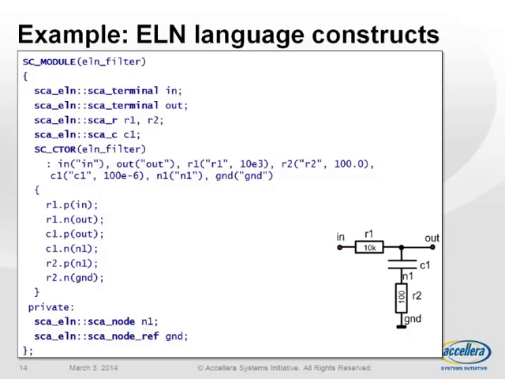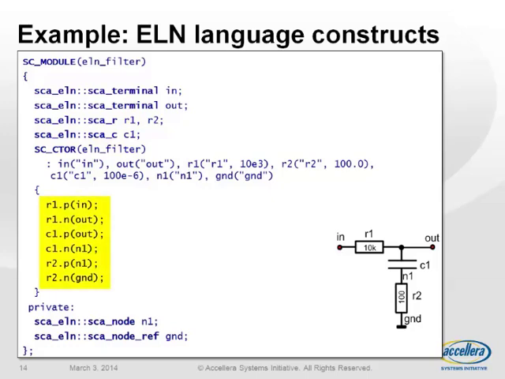This is an example of ELN circuit. Like with LSF, it is described in the SC module, and you have to set what are the in terminal and the out terminal. The in and out terminal will carry both the information about voltage and current. And here you have all the primitives you want to use in your design. Two resistors, R1 and R2, one capacitor C1, and how to connect them is done here.